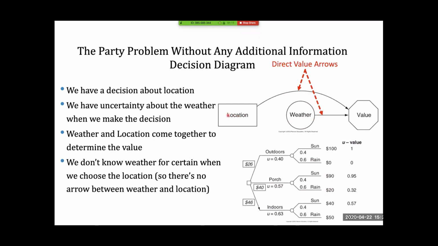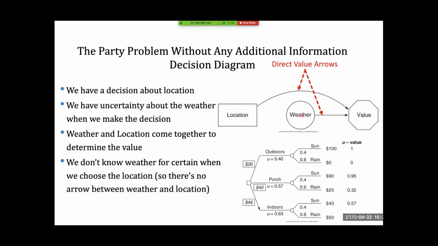Again, it would be inaccurate to have an arrow from the location to the weather. In that sense, you are indicating that the location chosen by Kim has some influence on how likely the weather is going to be sunny or rainy.